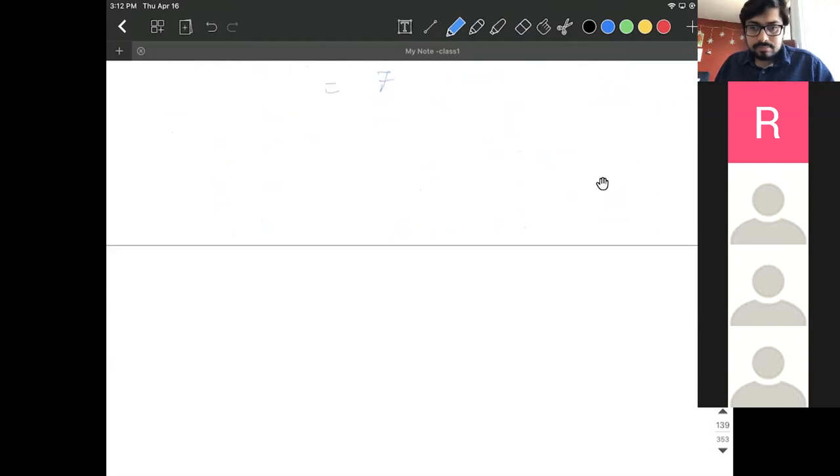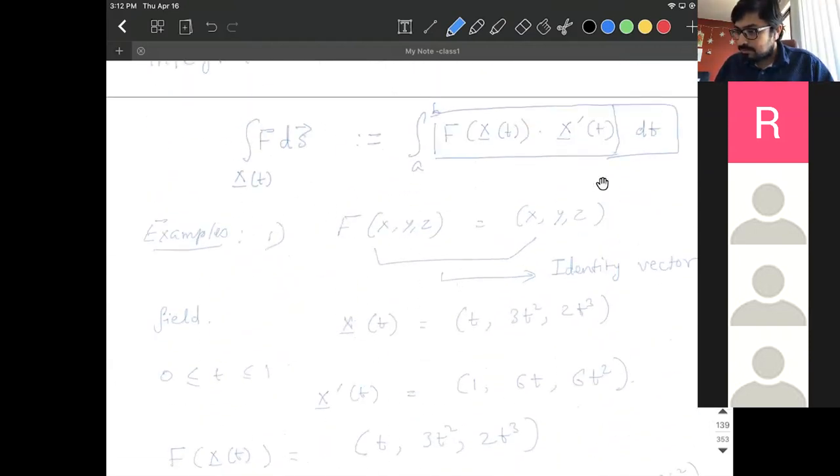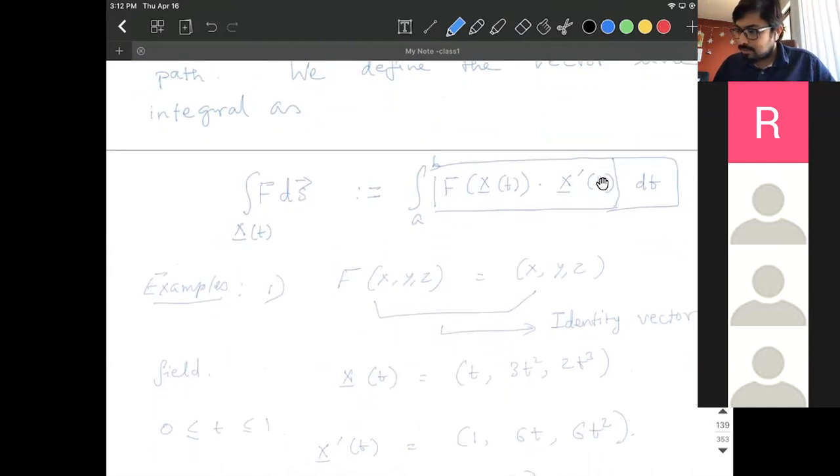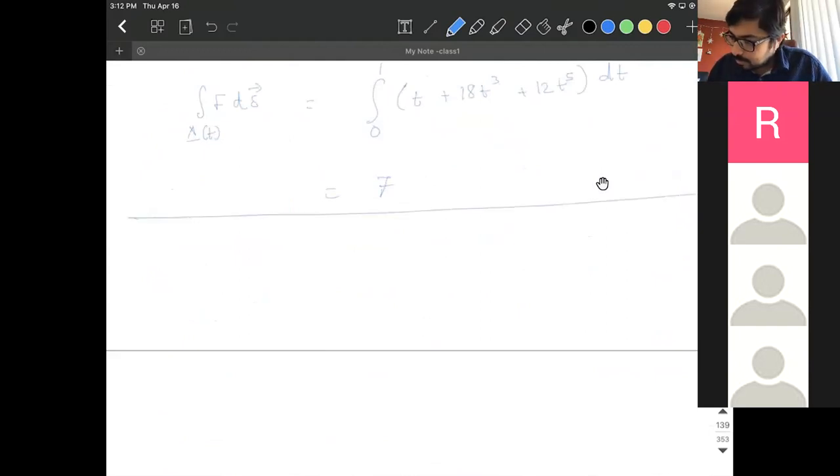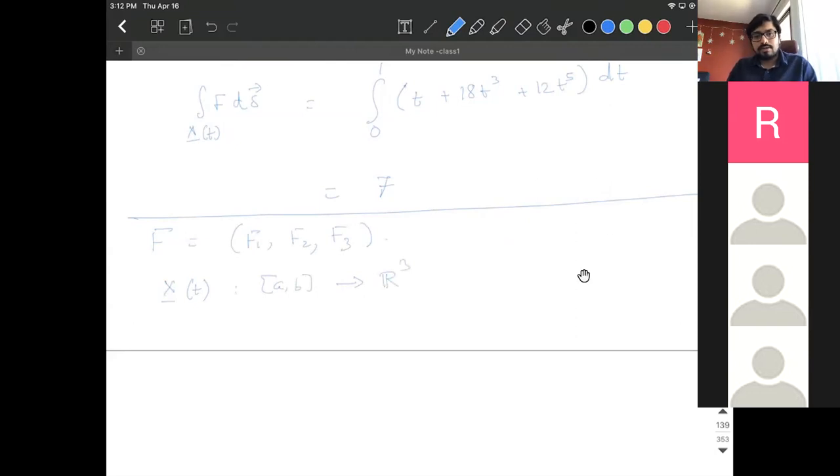Now, vector line integral. So this is one way to write out the vector line integrals, but another way which you see quite often is the following. So now f being a function from R³ to R³ itself, it has three components, f1, f2, and f3, right? And this x(t) being a path from the closed interval [a,b] to R³, this also has three components.